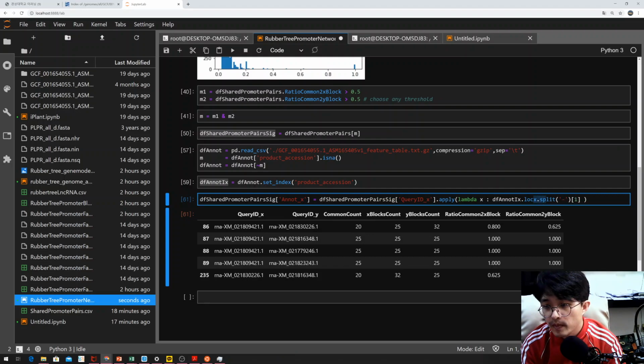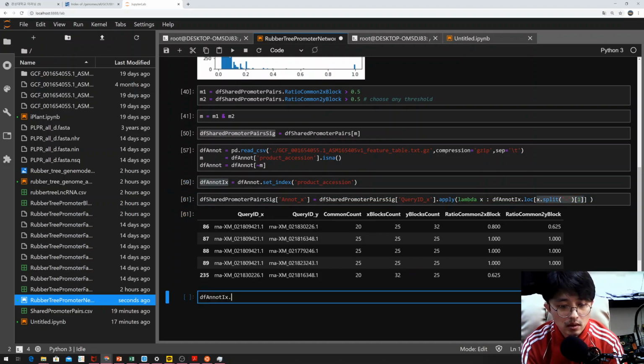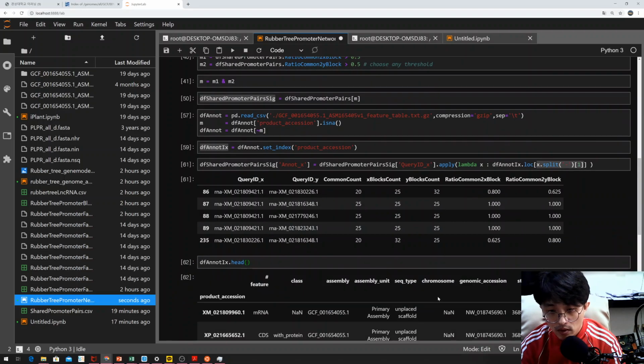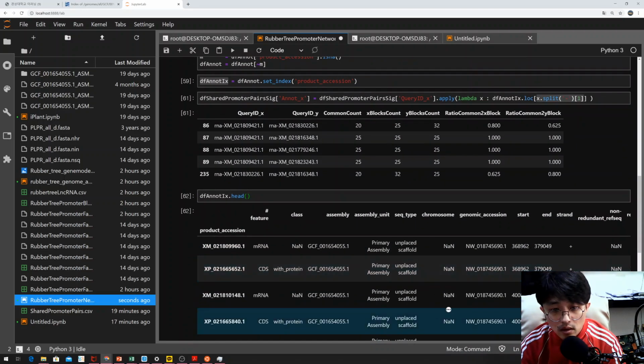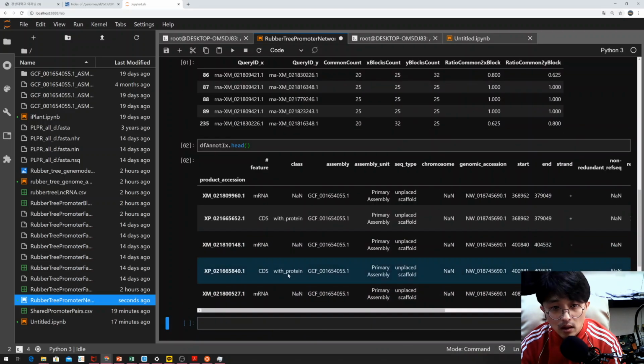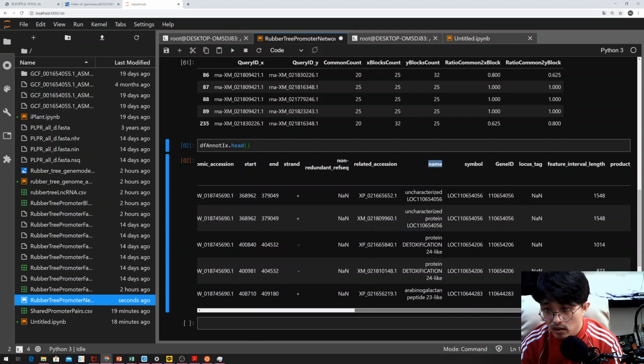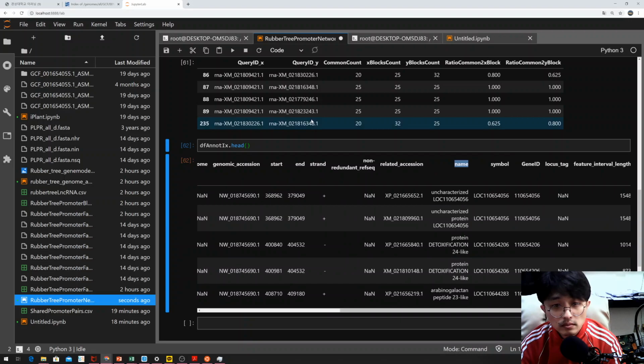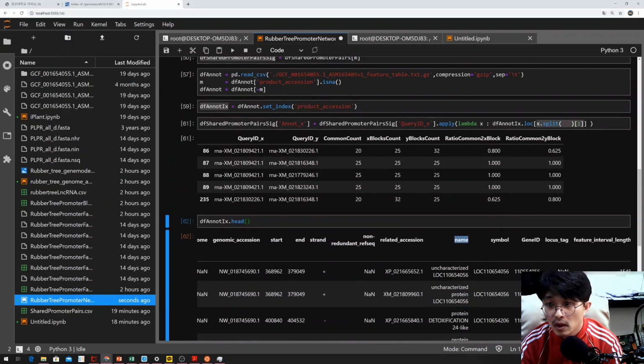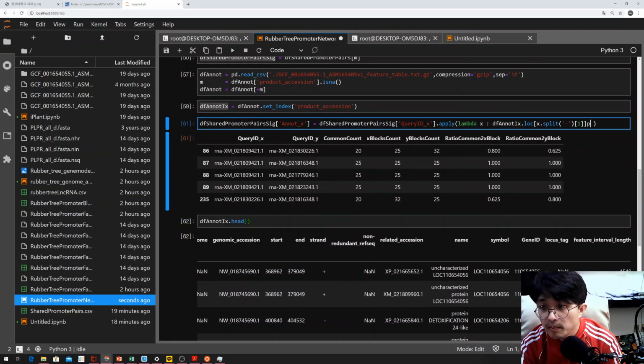Right? So, and which part is the annotation? Okay. Name. Weird, but name is annotation. Wait.